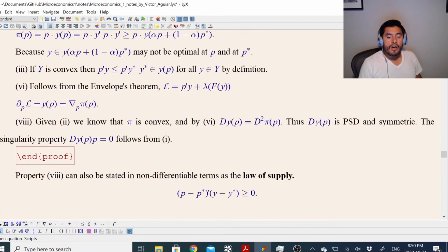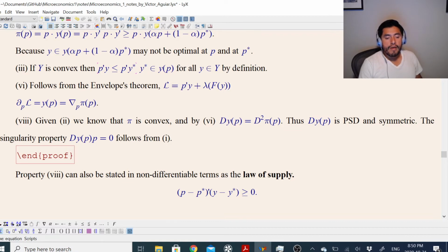Okay. So now if Y is convex, then by definition I have that for any price multiplied by the production plan, this has to be, of course, below the production plan which maximizes profits, right? And now it happens that because you are convex, you can actually describe all this set by means of these supporting hyperplanes. And the final part just follows from the envelope theorem.